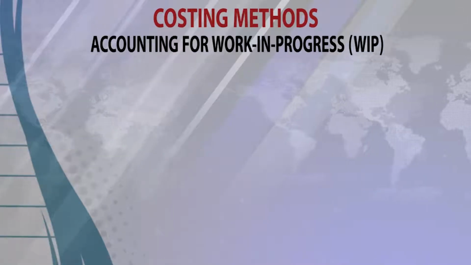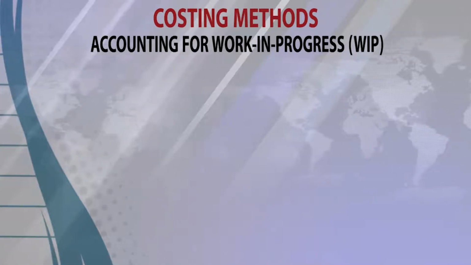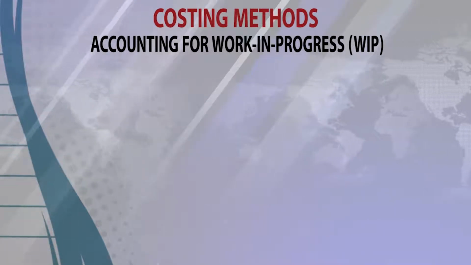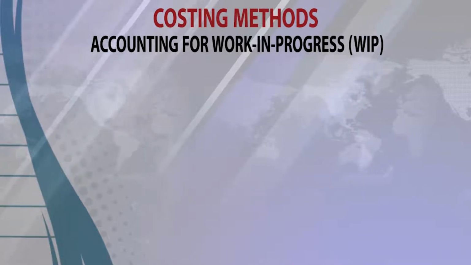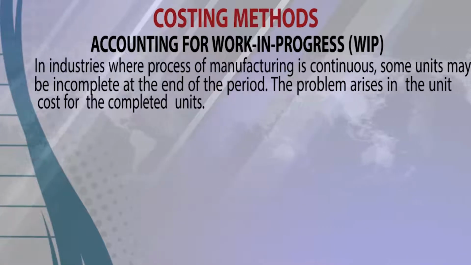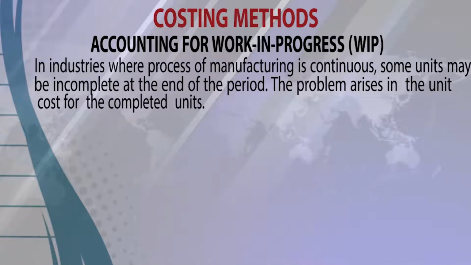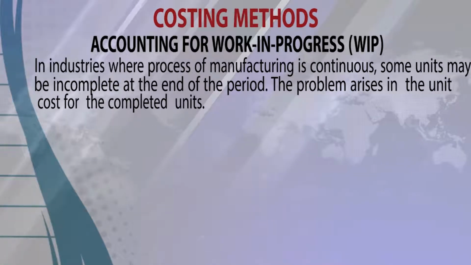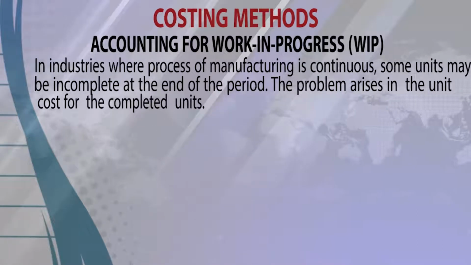Now in process costing with work in progress, we are required to understand what work in progress is, and at the same time how we account for it. In industries where the process of manufacturing is continuous, some units may be incomplete at the end of the period.